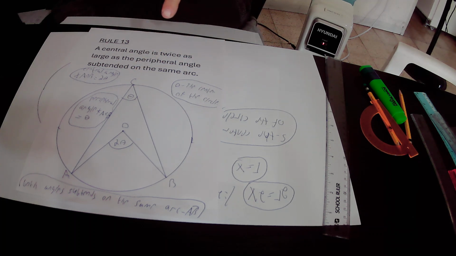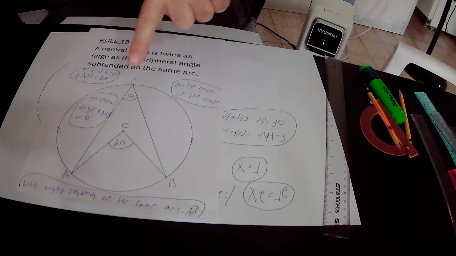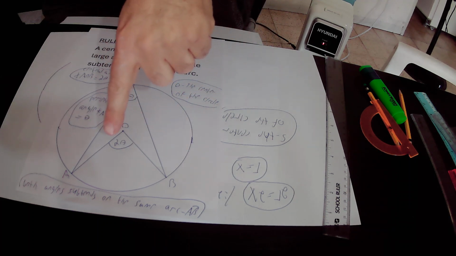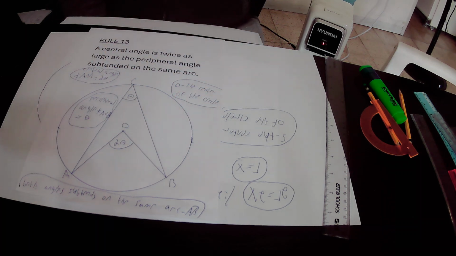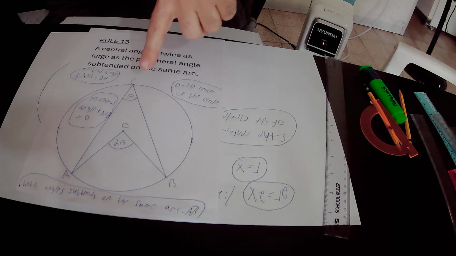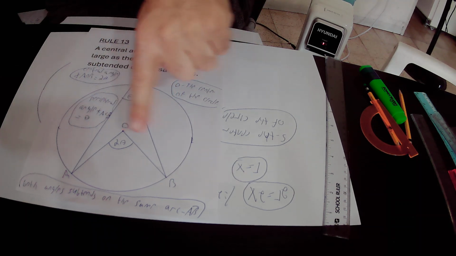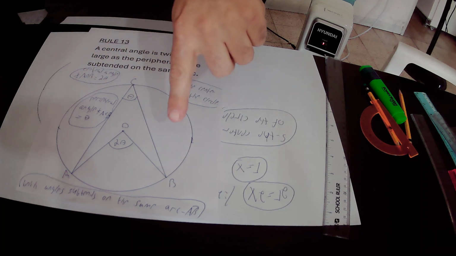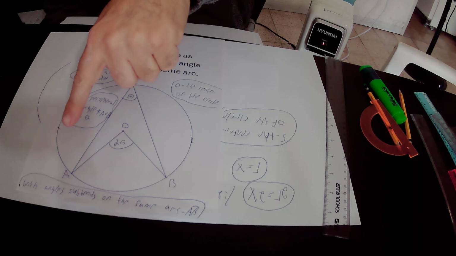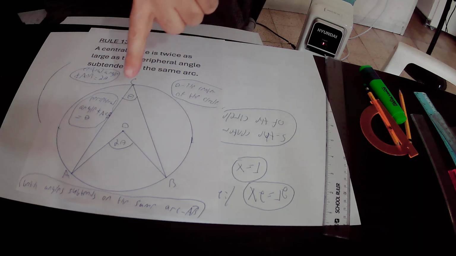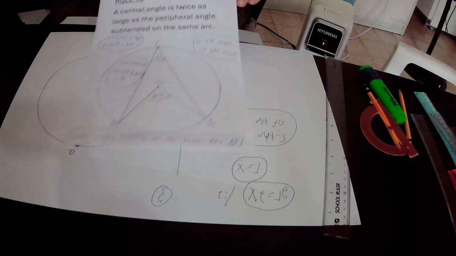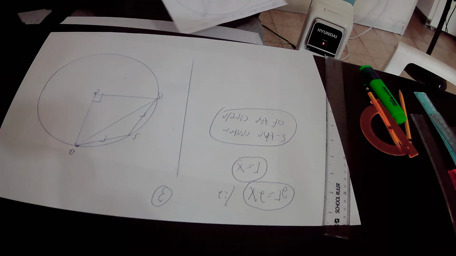Because peripheral angle ACB equals theta, the central angle AOB, subtended on the same arc AB, must be equal to 2 theta. So we can actually implement rule number 13 in our drawing.